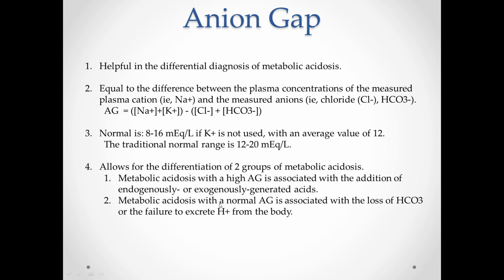However, a metabolic acidosis with a normal anion gap is associated with the loss of bicarb or failure to excrete protons from the body. This type of acidosis would be treated via administration of bicarb because the underlying problem is a loss of bicarb itself.